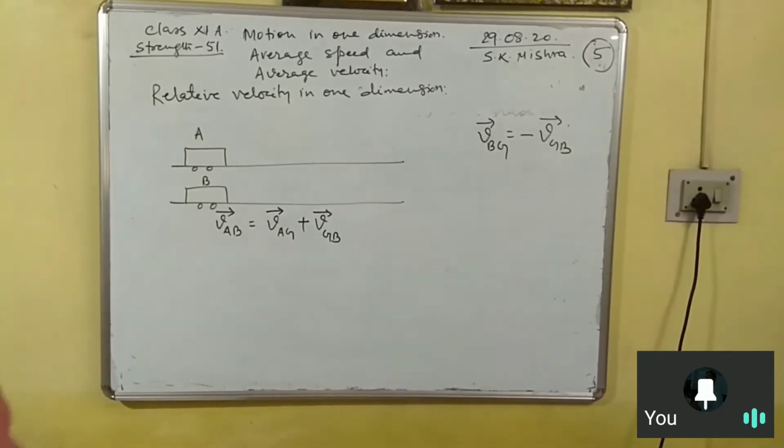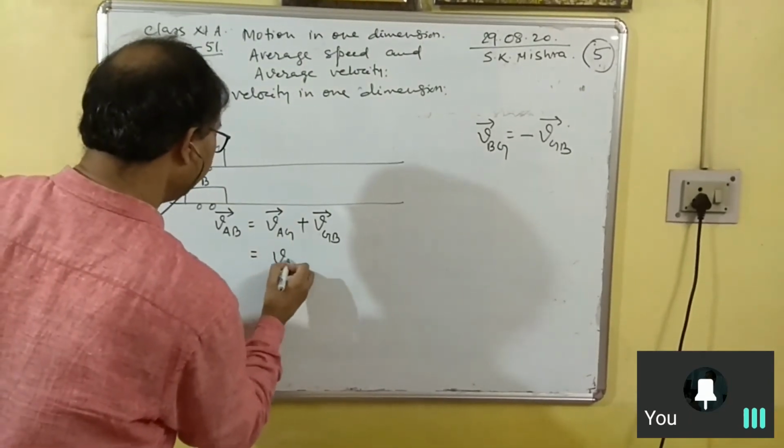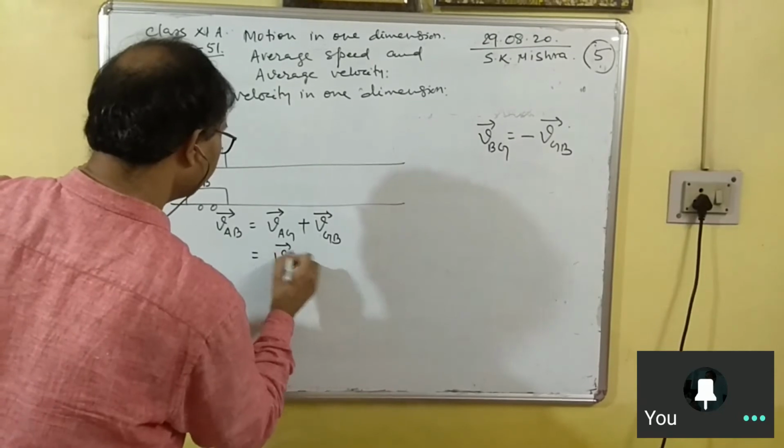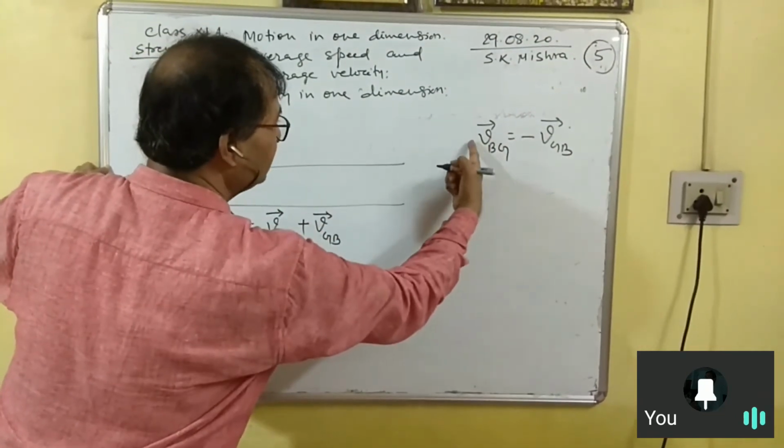No, it should be plus, but I will write just now. So this is VAG plus VGB. VGB can be written as minus VBG.